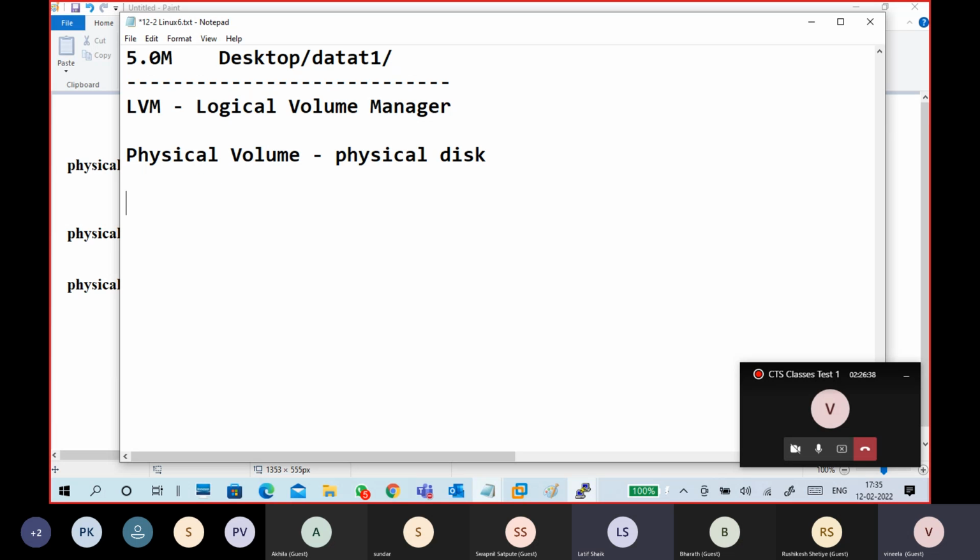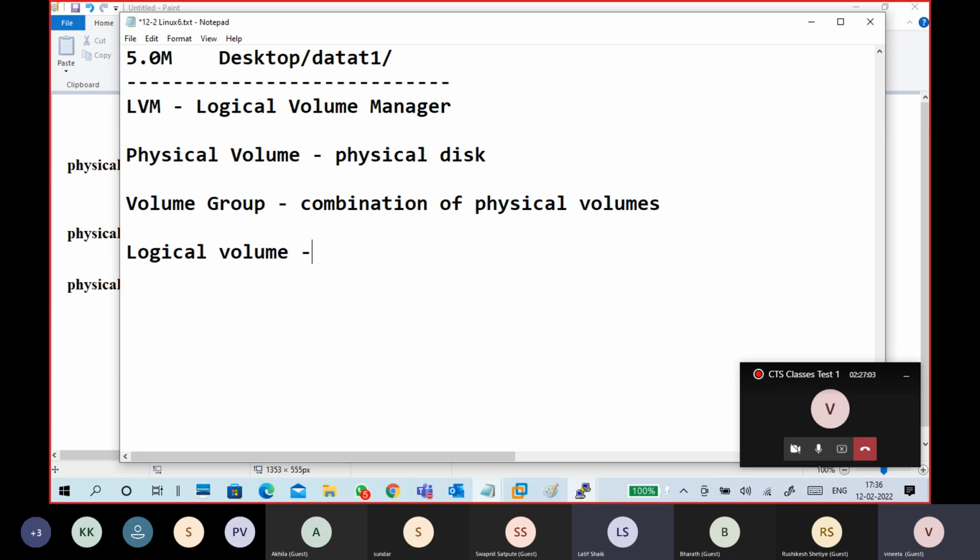What is a volume group? A volume group is a combination of physical volumes. Next, a logical volume is a part of a volume group used to store data.